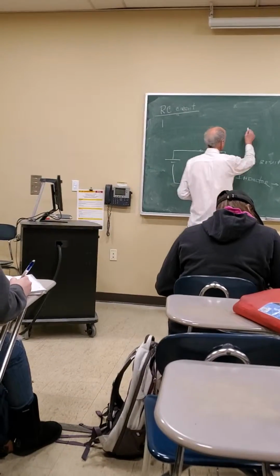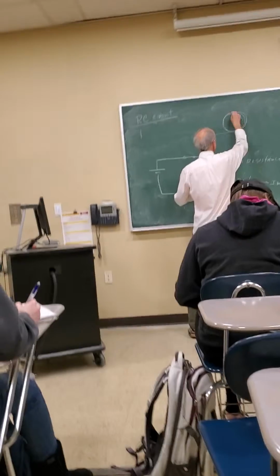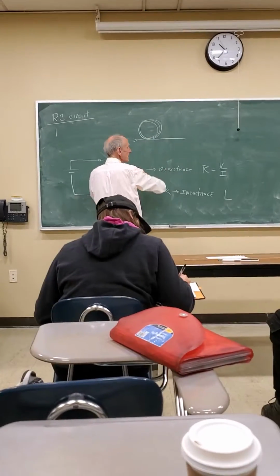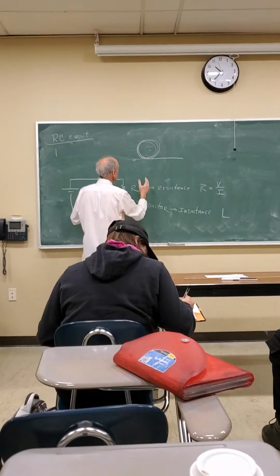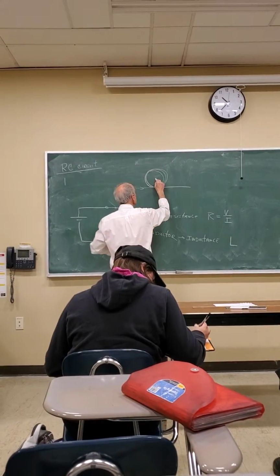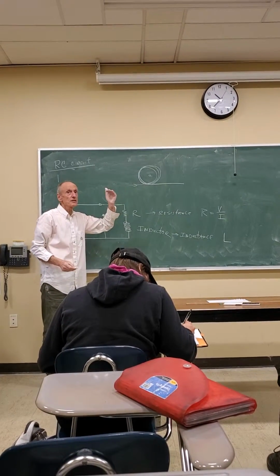Let's look at it this way: as the current goes through the coil, right-hand rule number 3, the current's going to circulate. We're going to introduce a flux into the coil.